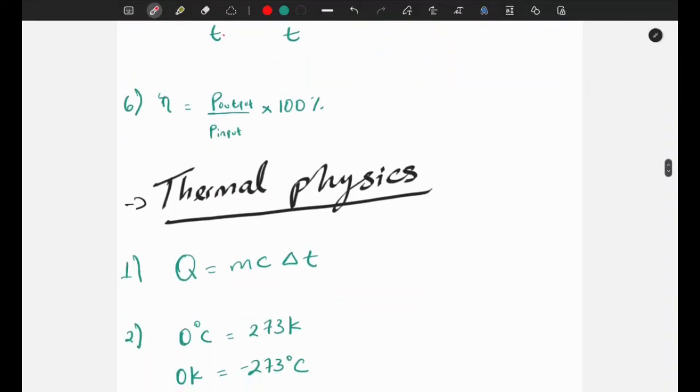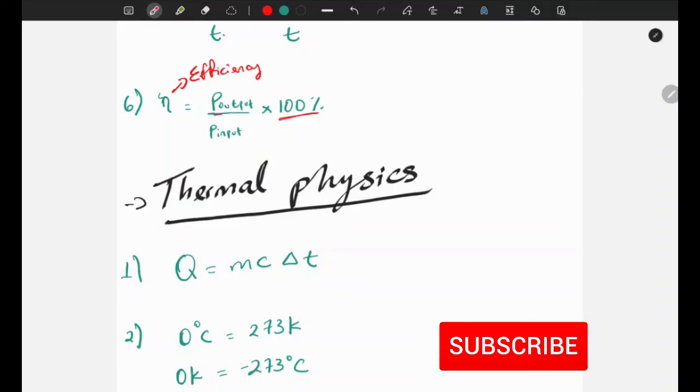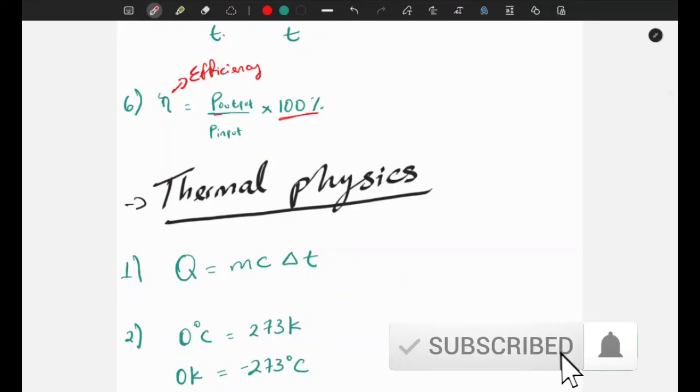The next one is efficiency. So this symbol represents efficiency. Efficiency is the power output over the power input times 100%. So the power output is the power given out by a machine.